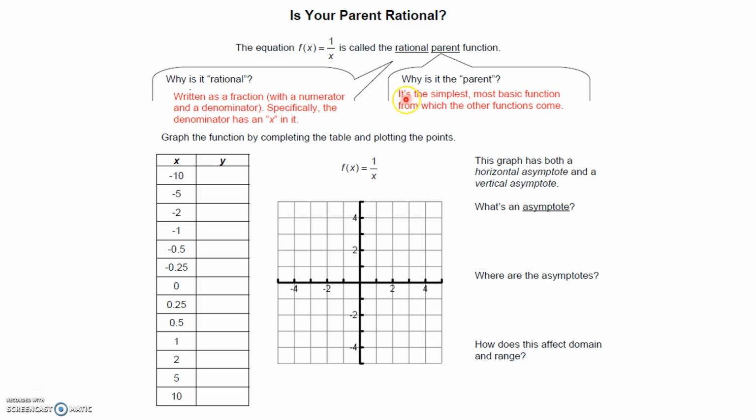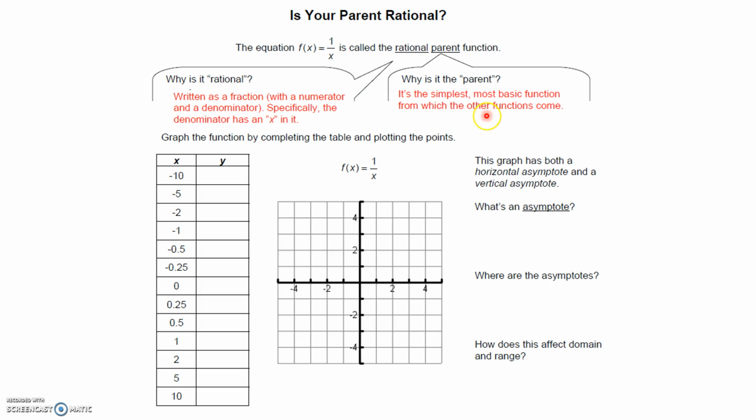So why is this the parent function? It is the simplest, most basic function from which the other functions come. Once we start transforming this, we will see a variation. But remember, just like all our other functions, it will maintain the shape of the parent.